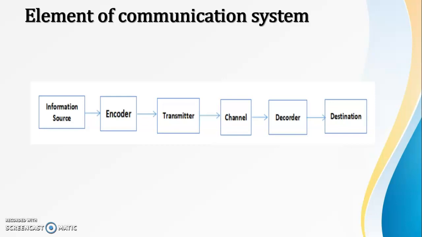The information is sent to the destination through a channel. At this site, the information is again converted into its original form by the unit called the decoder. Sometimes it is also named the receiver. Finally, it is sent to its destination. So this is the block diagram of a simple communication system.